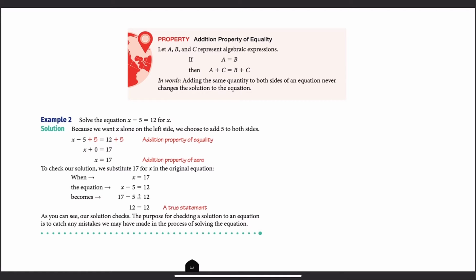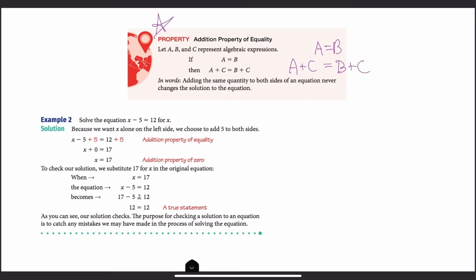Okay, so armed with that knowledge, let's talk about the addition property of equality. The addition property of equality says, this is an important concept here, if A equals B, if 2 things are equal, if 2 things are the same, then if you were to add something to one of those things, you would have to add the same thing to the other side in order for the statement to still be true.